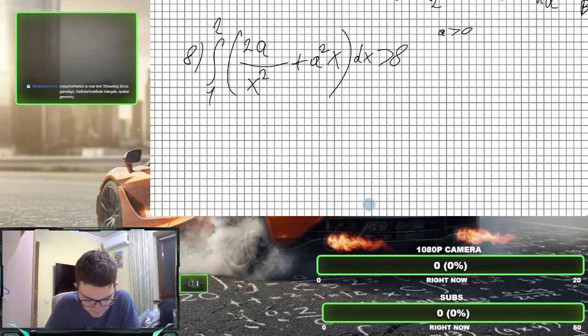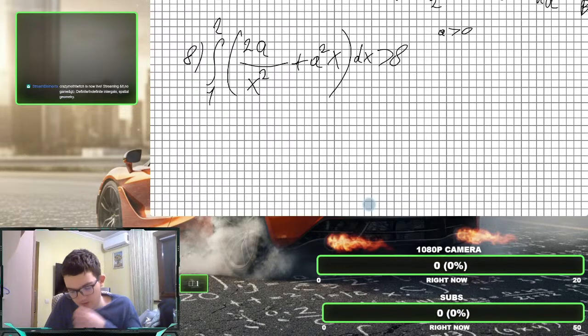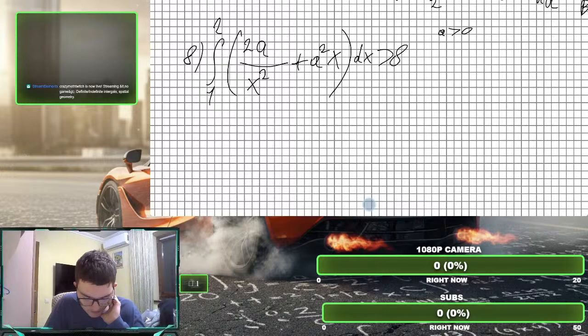So here perhaps I would start by trying to solve this, and obviously I can make it equal to 0 or something.